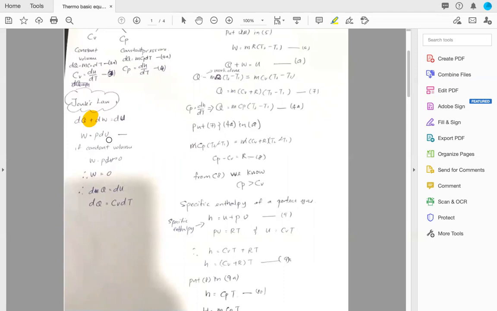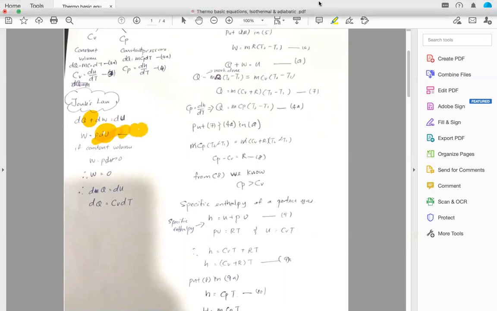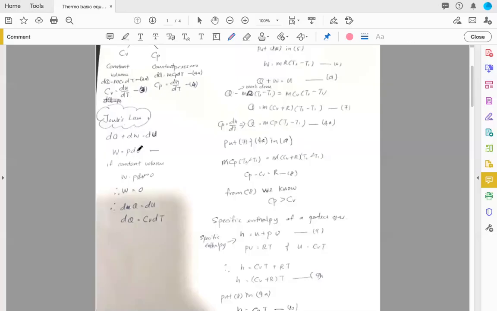But at constant volume, this whole thing equals 0, so the work equals 0. So delta Q equals delta U. Since we have equation 3, delta U also equals CV delta T. Therefore we have this equation here.